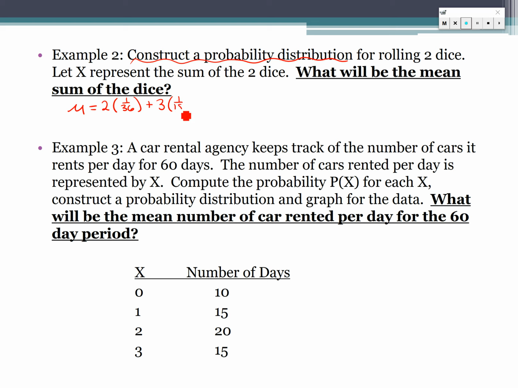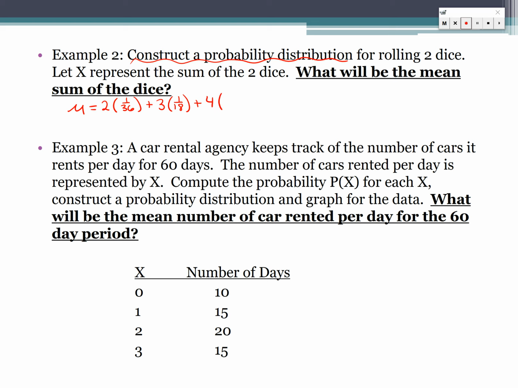It doesn't matter. In the distribution yesterday, we simplified. It was 2/36, we simplified it to 1/18. It doesn't really matter at this point. When you do your distribution, I want your fractions simplified. But if you're just throwing them in to find the mean, either way will get you what you need. It's totally up to you.